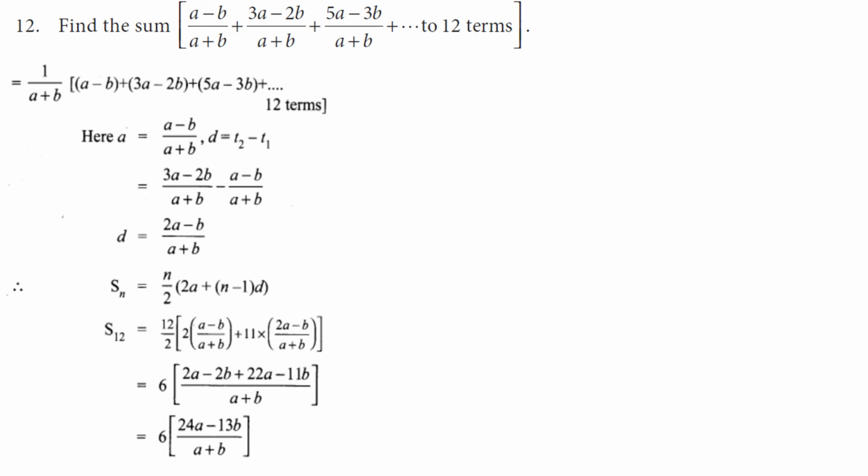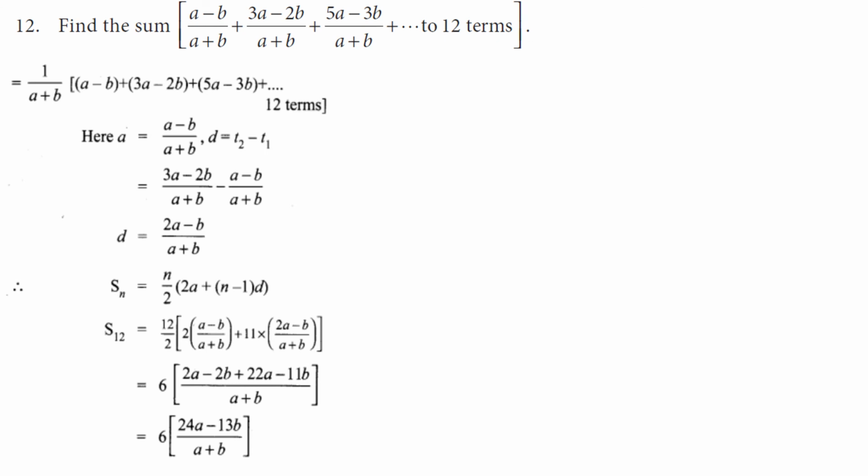Here a is what? (A minus b) by (a plus b). d equal to t2 minus t1, that is (3a minus 2b minus a minus b) by (a plus b). So 3a minus a, 2a, minus 2b plus b, minus b. Therefore d equal to (2a minus b) by (a plus b). You substitute with this formula, Sn equal to n by 2 into (2a plus (n minus 1) into d).